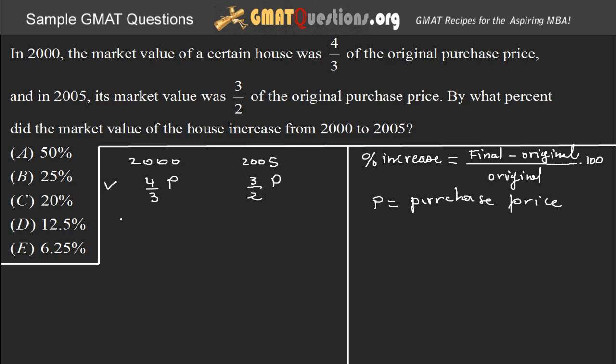Using this formula, we can say that the percentage increase you're looking for is going to be equal to the final value, which is 3/2 of P in 2005, minus 4/3 of P, divided by 4/3 of P times 100.